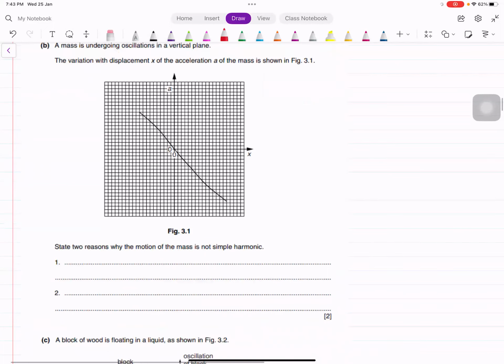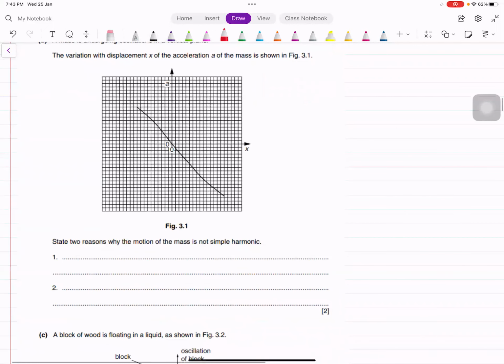So we can say that number one, it is not a straight line. Which means, if you want to write further, you can say that acceleration is not directly proportional to the displacement. Magnitude, by the way, just add magnitude.